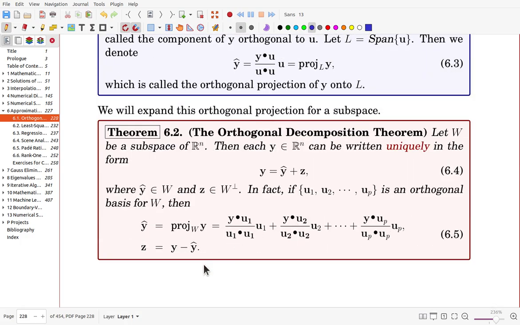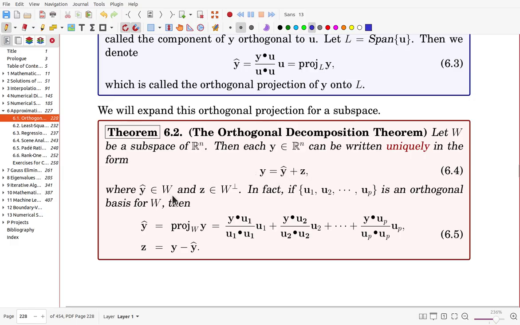With this background, we can state the orthogonal decomposition theorem. W is a subspace of Rn. Then each arbitrary y in Rn can be expressed uniquely in this form: y equals y hat plus z.